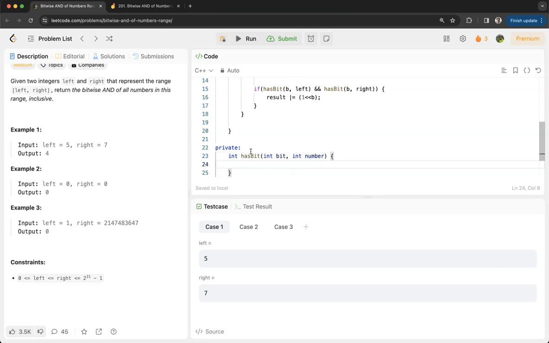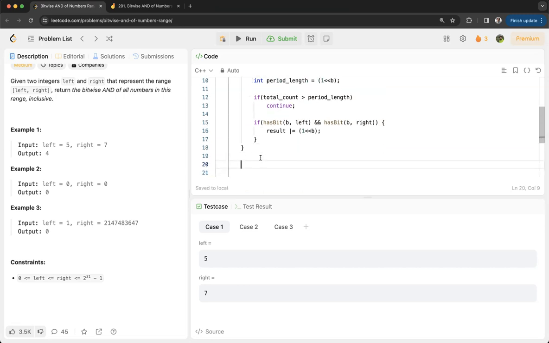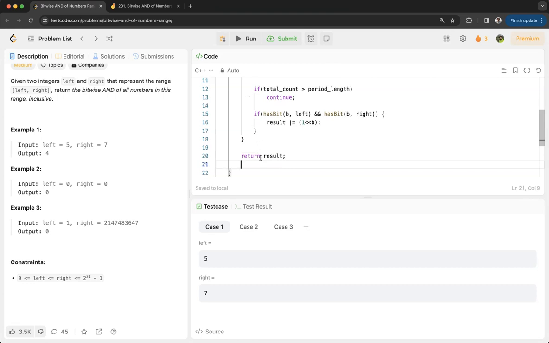I just need to check and see if that number has this bit. So return 2 to the bit ANDed with number. If the answer is greater than 0, that means number has that bit, and we will return true as a result. And then here we just return result.